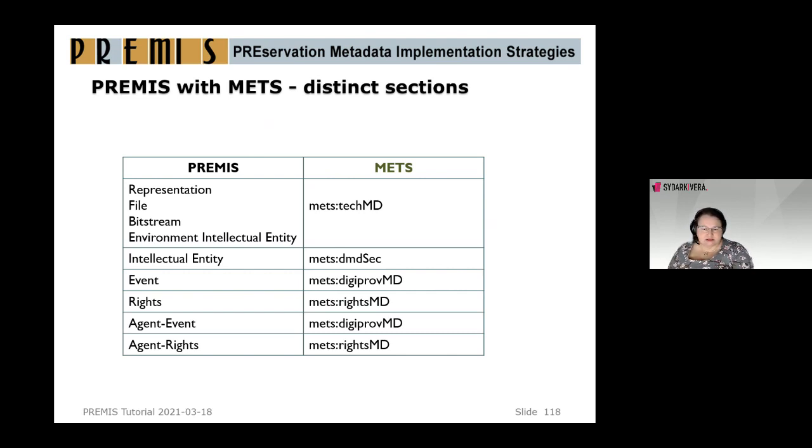Rights go in the rights metadata section. Agents and events go in digital provenance, and agents and rights in the rights metadata section. So there you really need to look into what agents you have and how you want to connect them. So there is some space for doing what you need to do.